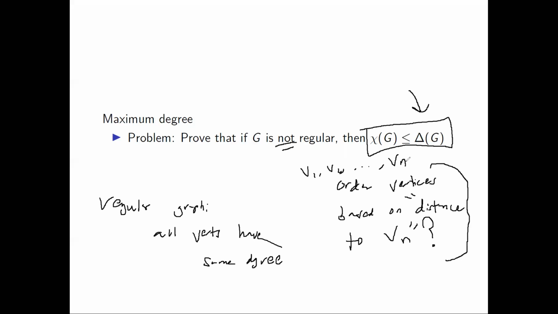And this last one can be anything. So Vn, you can choose to be any vertex you want. So what about G being not regular can guarantee that we can prove this inequality? So we can do one less color than we did on the last slide.